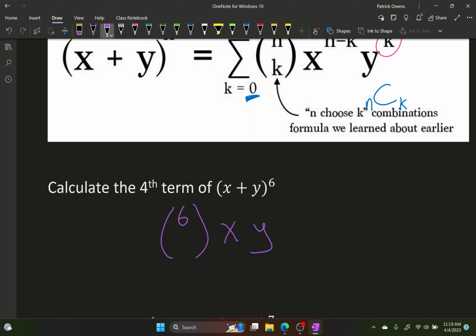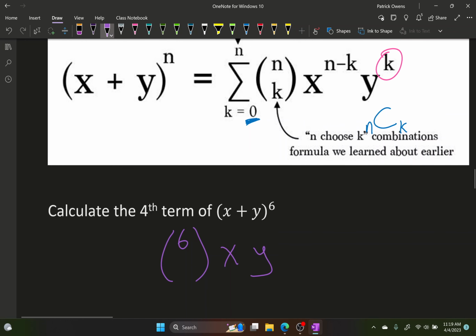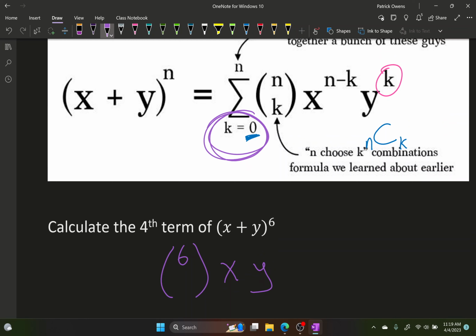Unlike the other problems, we are not just given what the exponent for x should be. So we need to figure out what our k value is going to be for the 4th term. Since we start with k equals 0, our k value, that is not a good k. Neither is that.